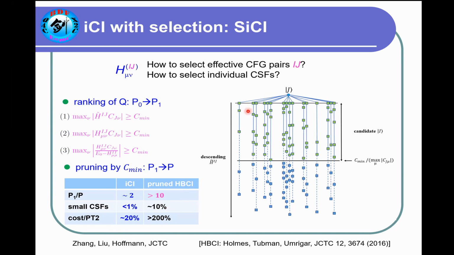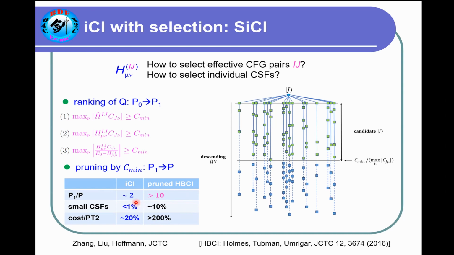In this step, if heat-bath CI only considers integral pre-screening, the P1 space brings in too many Q functions. After pruning, more than 90% of these configurations will be pruned away, so it's a waste of time for Hamiltonian contraction and diagonalization.